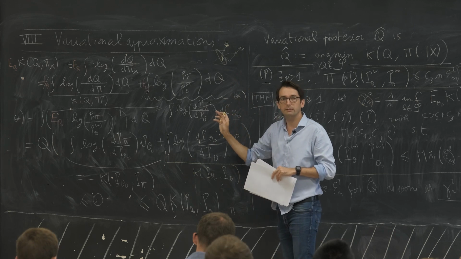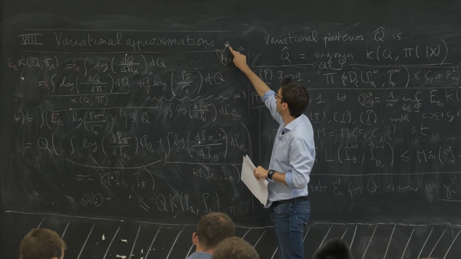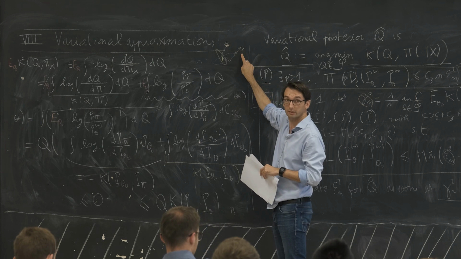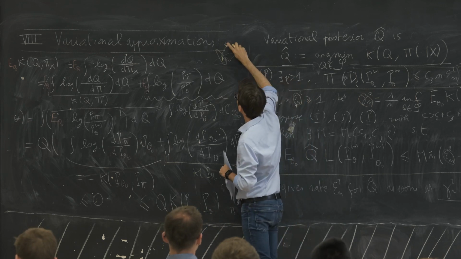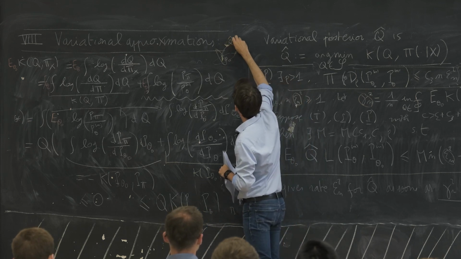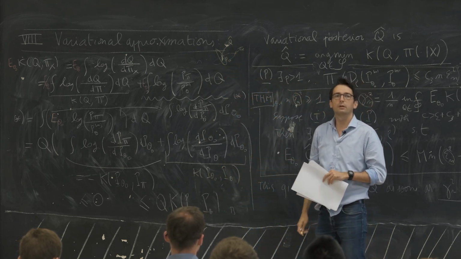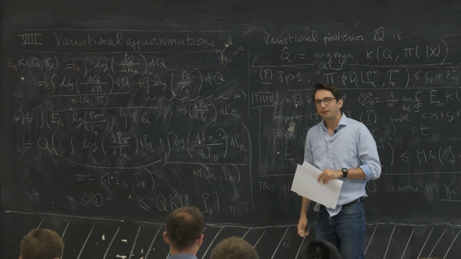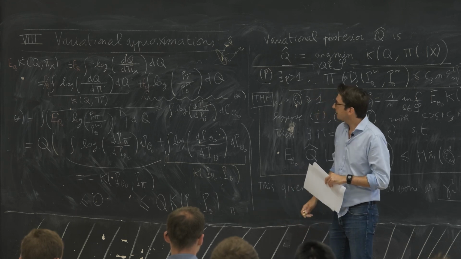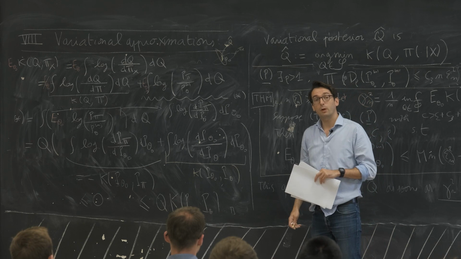Here I didn't tell you that I'm comparing pi tilde of x to pi of x, or in our notation q hat. I'm not saying that q hat resembles pi, the posterior. I'm just saying that it converges at least at the same rate.